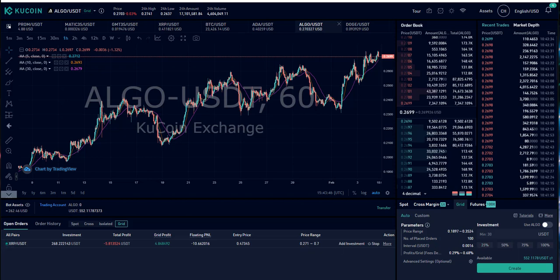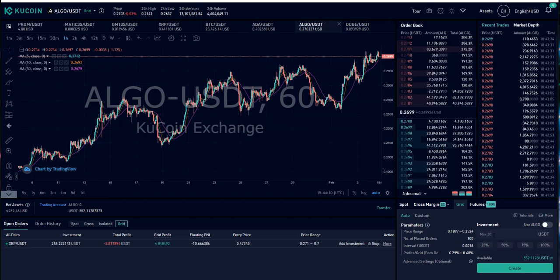So algo, if you want an auto setup bot, it's like, hey, we're going to go 18.97 cents to 35.24. That's what they suggest. They suggest 100 orders. It's a real small interval, and if this sounds good to you, you can put 25%, 50%, or you can put the actual dollar amount.